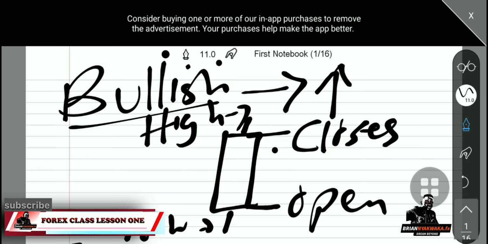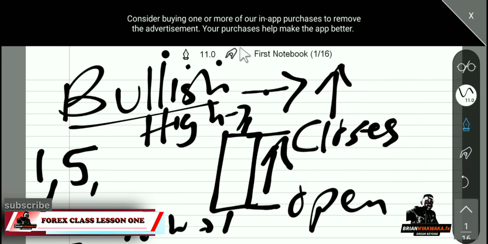So remember, there's that upward movement of the price, and a single candlestick depends with the time frame that you have set your chart on. If it is 1 minute time frame, it means this entire candlestick takes 1 minute to fully form. We have 5 minutes.